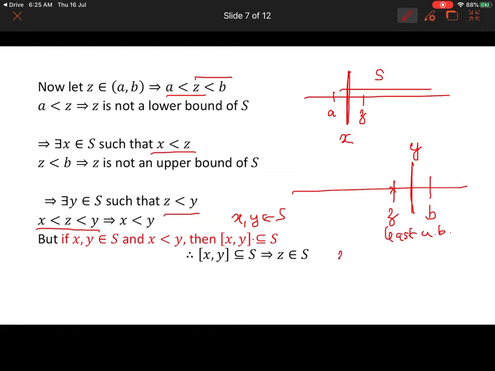Z is between x and y, so Z is in the closed interval xy. This Z is in the closed interval xy, and the closed interval xy is a subset of S, means Z is in S. We have taken Z an element of the open interval AB. Now we got Z is in S. So you take any element of the open interval AB, it is in S. What does it mean? The open interval AB is a subset of S. We need this thing also.